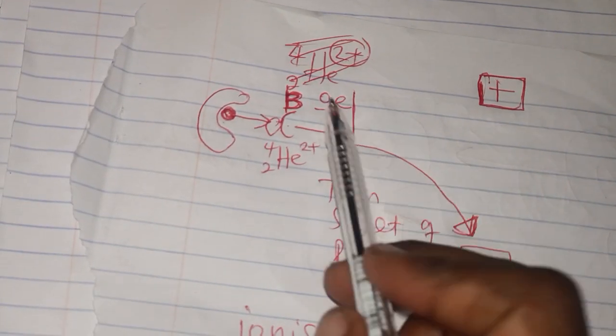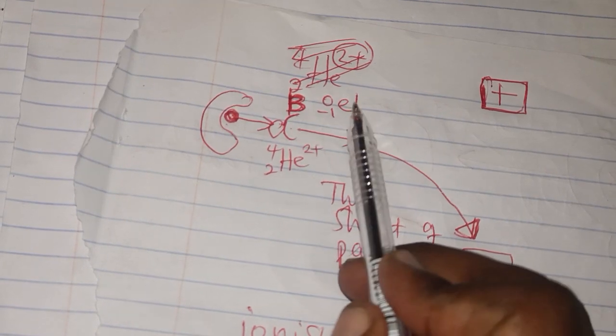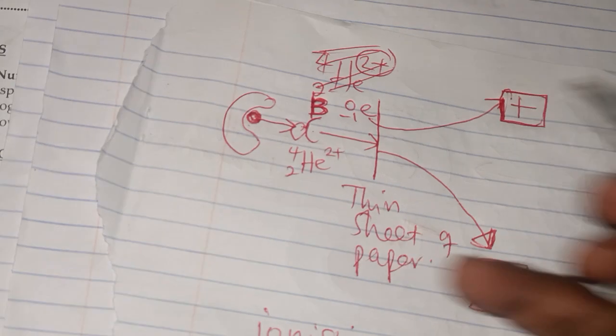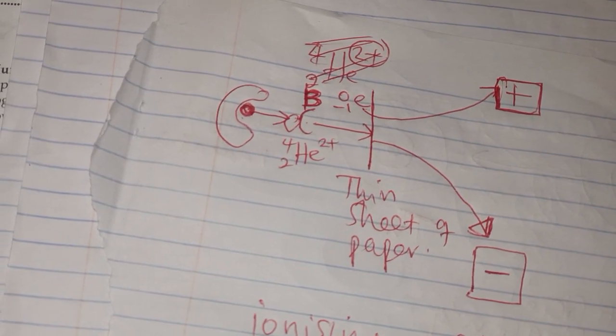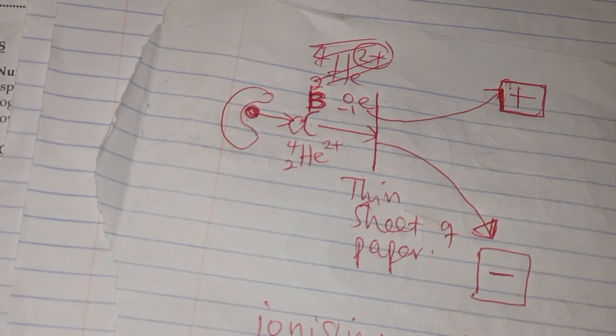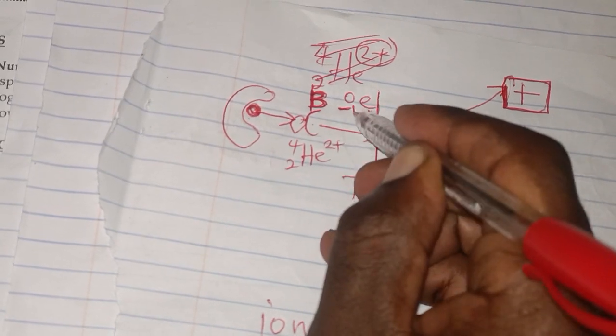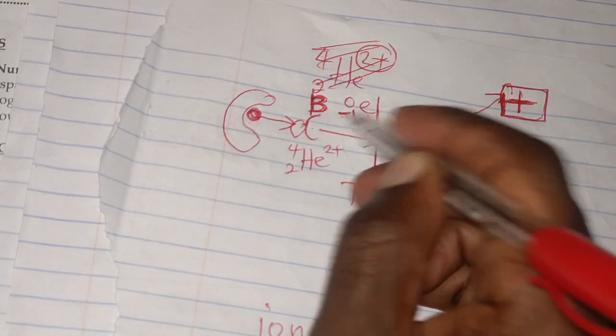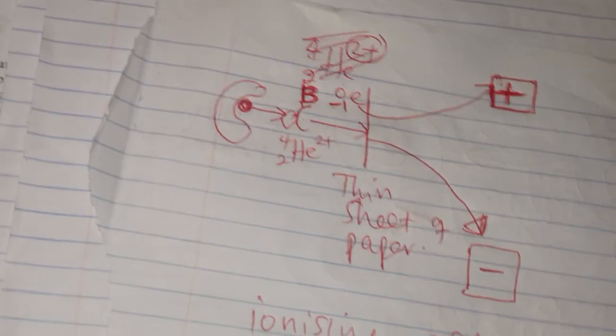So this beta particle, which is an electron with a negative charge, gets deflected to the positive plate in the electric field. Why? It is carrying a negative charge. So the negative is attracted to the positive.